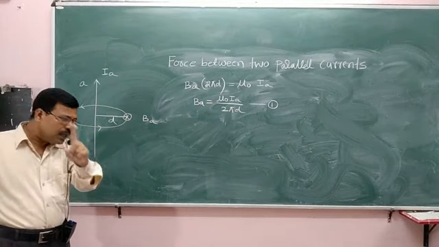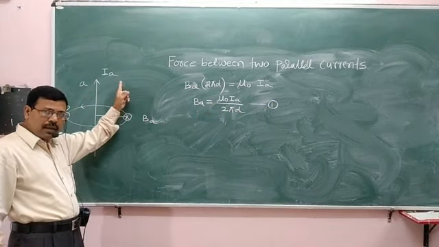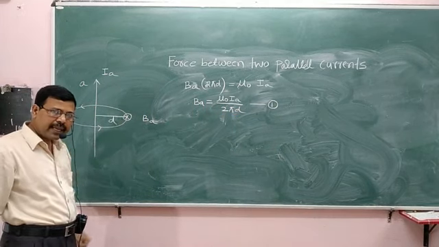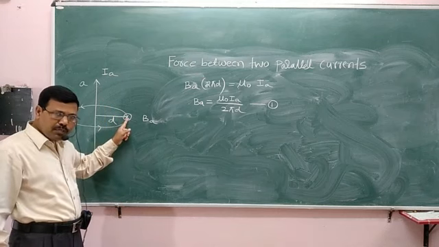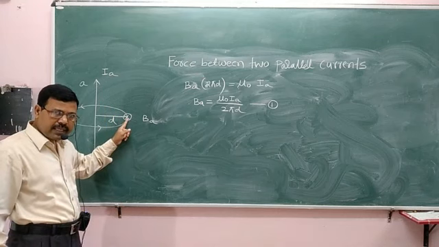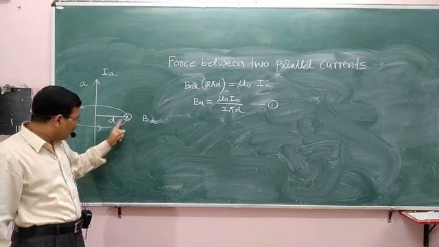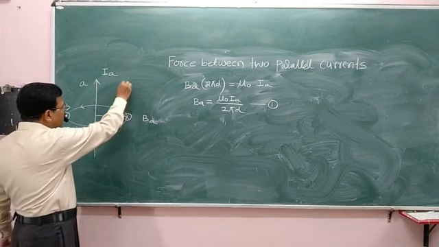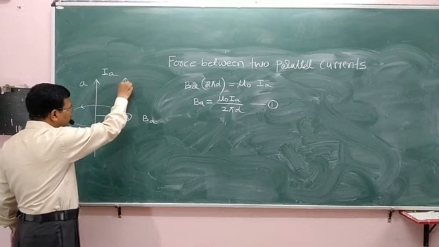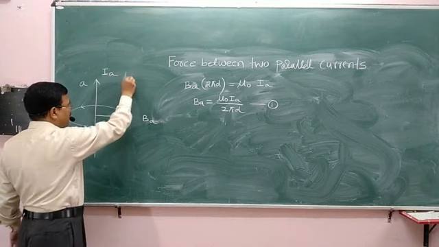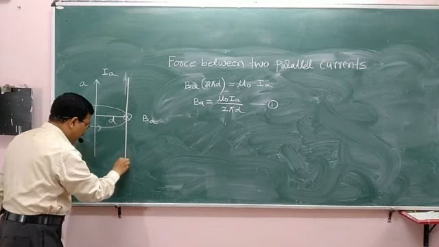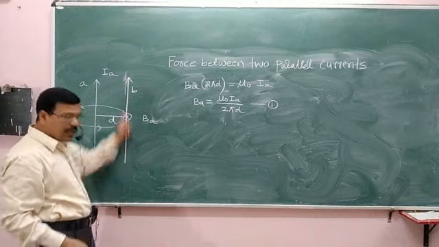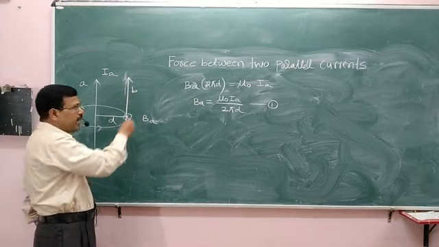Now, I am going to place another current carrying conductor in this magnetic field, that is in the magnetic field produced by this conductor. So let me keep one more conductor here. This is conductor B. This conductor is also a current carrying conductor.